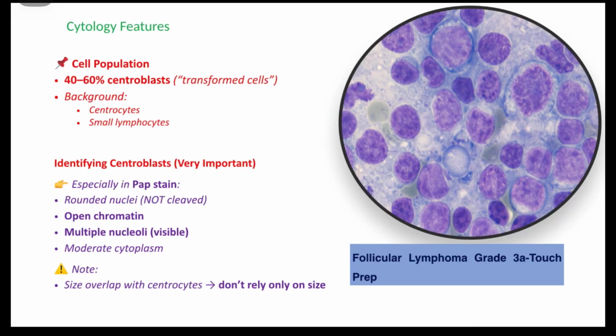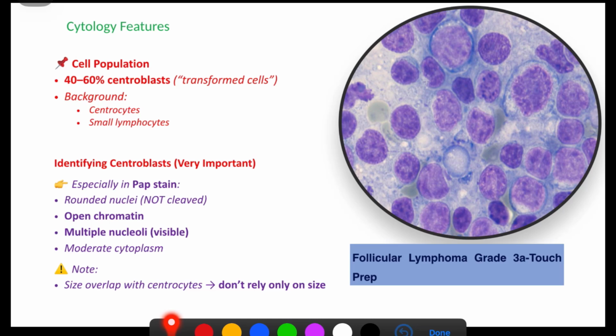So the cell population includes 40 to 60% centroblasts, which are transformed cells. Background shows centrocytes and small lymphocytes. These are the centroblasts. Here, this is the touch preparation where you can identify grade 3A centroblast appearance, having round nucleus, mostly not cleaved.